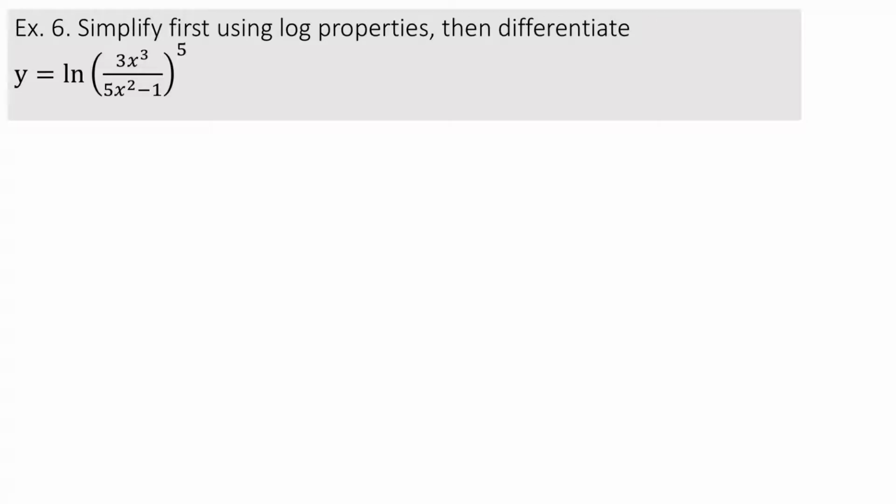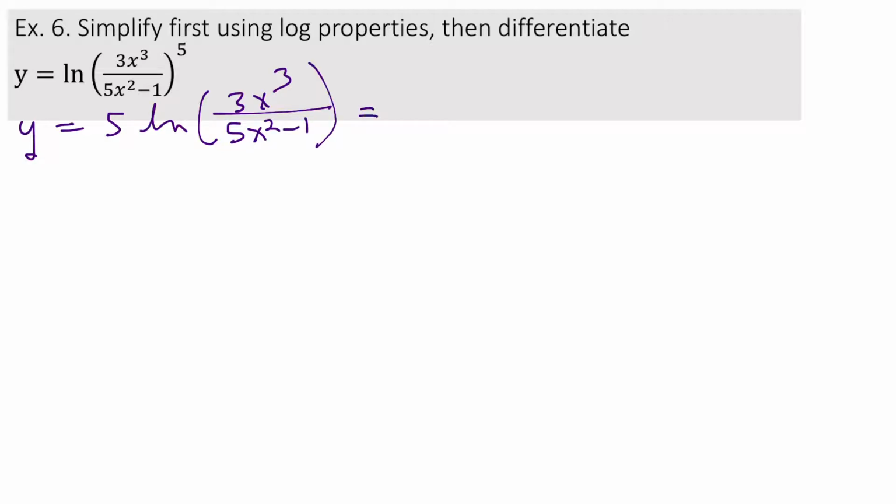So I've got y is equal to 5 times the natural log of this quotient. And then that's equal to 5 times the natural log of the numerator minus the natural log of the denominator.